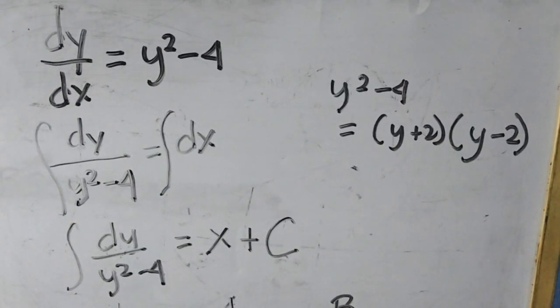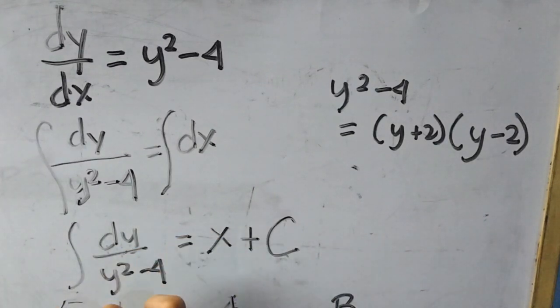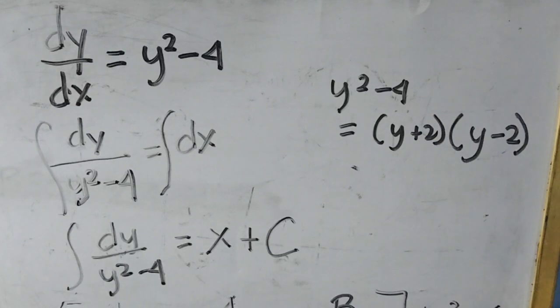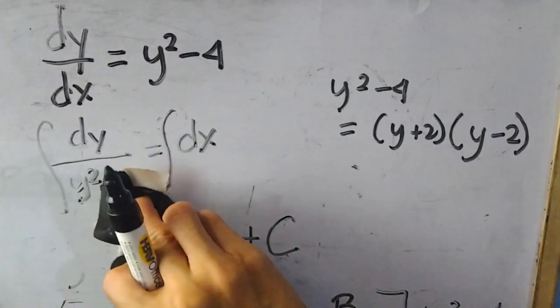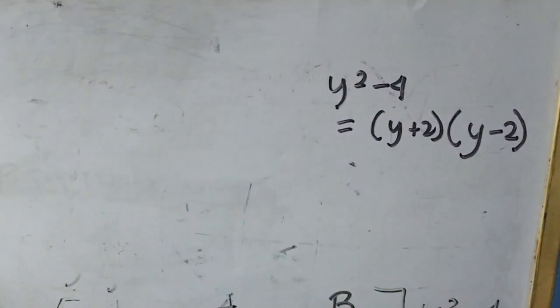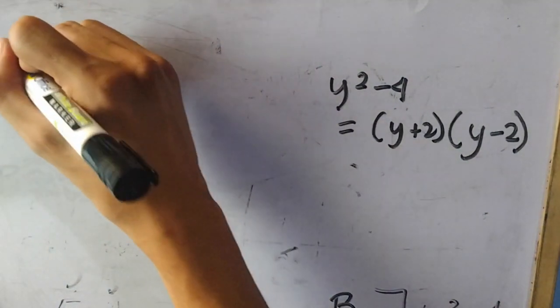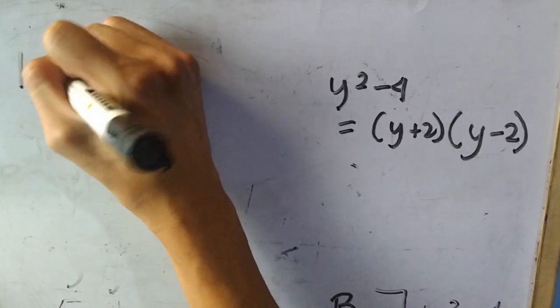After that, we will multiply both sides by y squared minus 4. If we multiply it, this will be cancelled, so we'll erase this. It will be cancelled, so we are left with 1.